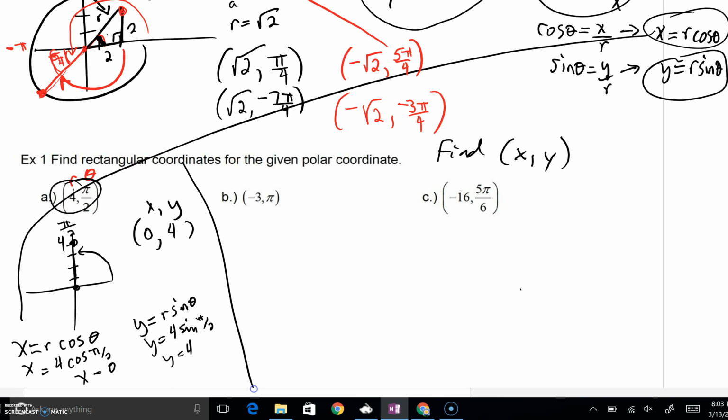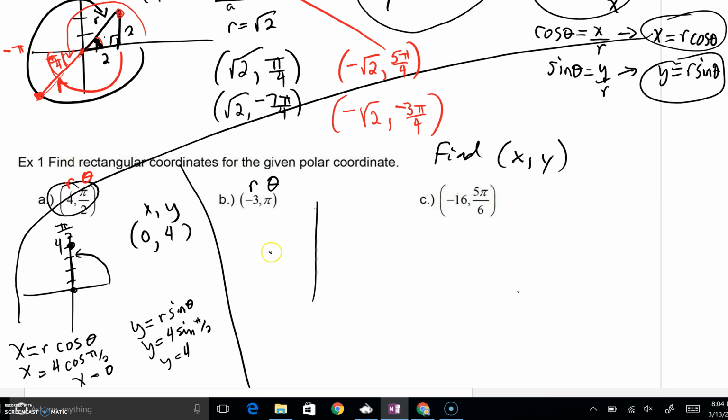For b, it's a very similar kind of setup. We could use those formulas: x equals r cosine of theta and y equals r sine of theta. You certainly may. I, however, would like to point out the negative r situation. We really need to see what's happening.